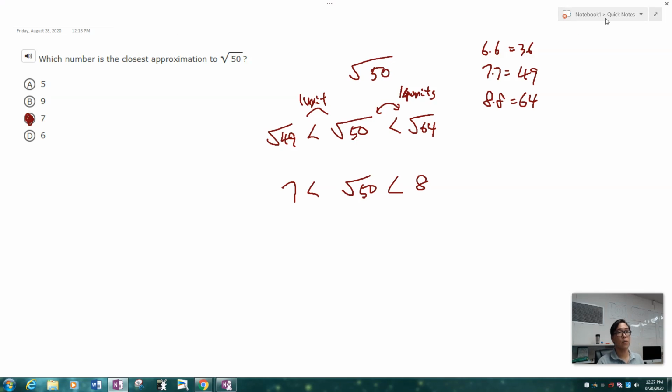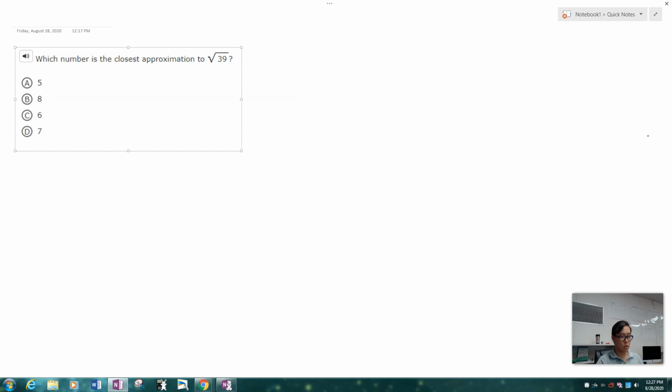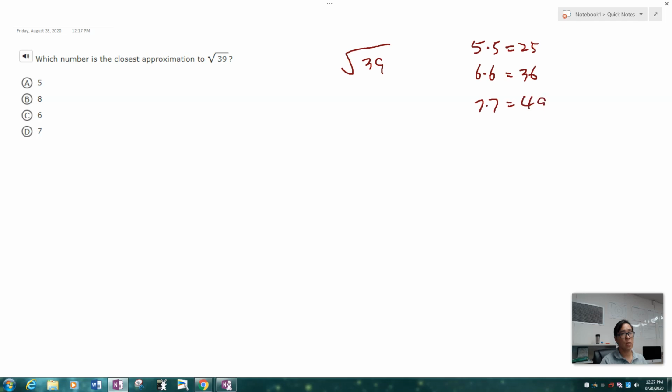All right, moving on to the next example. What is that? The square root of 39. Let's go. 5 times 5 is equal to 25, 6 times 6 is equal to 36, and 7 times 7 is equal to 49.